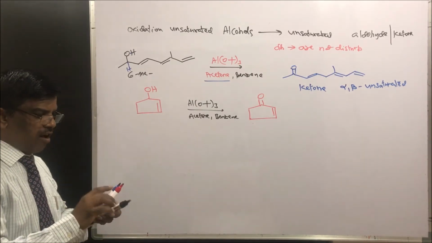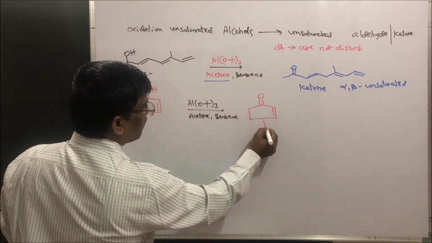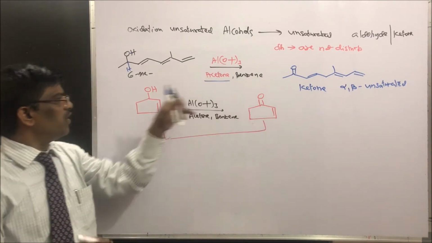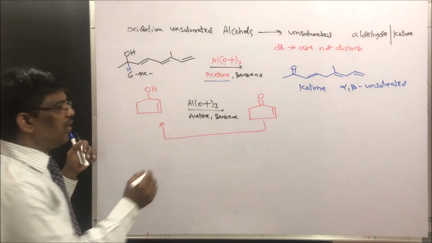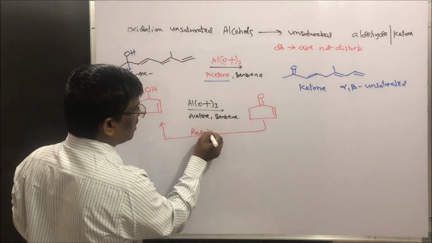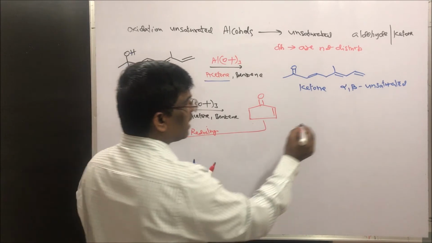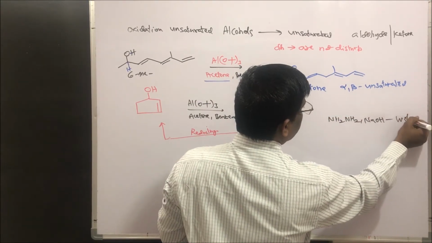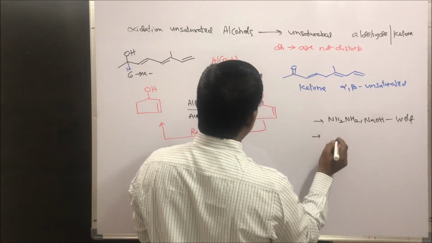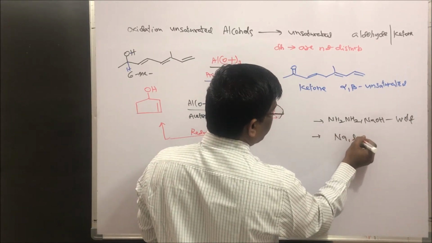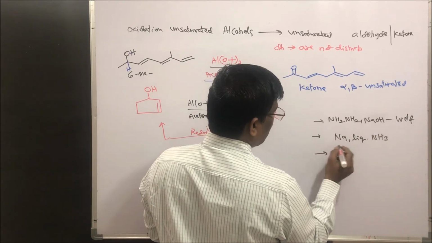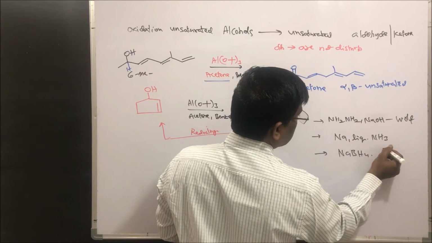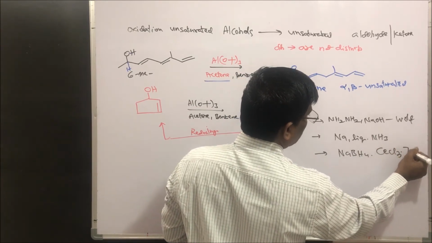In a recent exam, the reverse of this was asked: alpha beta unsaturated ketone to alcohol. What is the reducing agent? They have given options like hydrazine hydrate in sodium hydroxide, Wolff-Kishner reagent, and another option, Birch reduction, sodium in liquid ammonia, and another option, sodium borohydride in presence of cerium chloride heptahydrate.